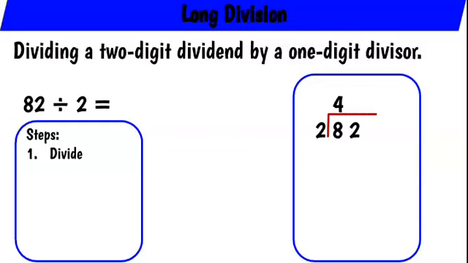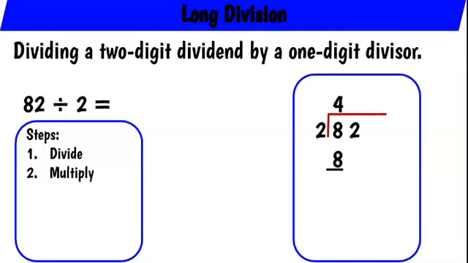Now our next step would be to multiply. The groups we got, 4, we have to multiply by our divisor. So 4 multiplied by 2 will give us 8.